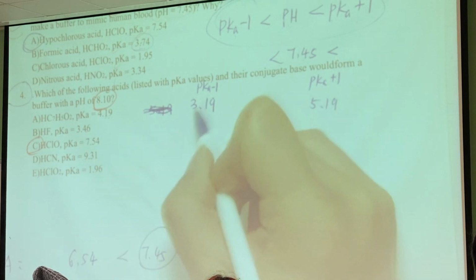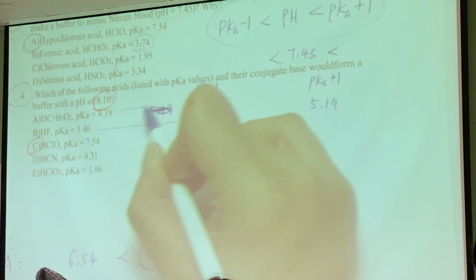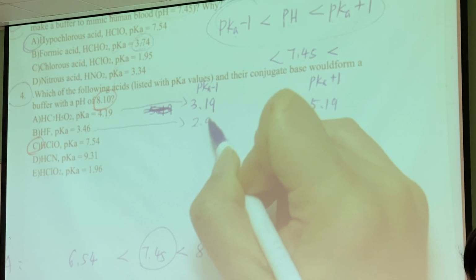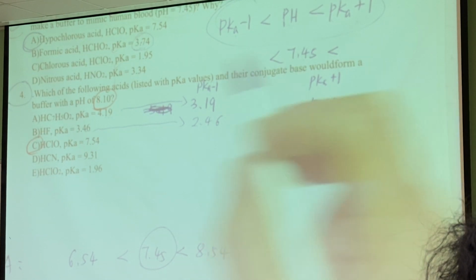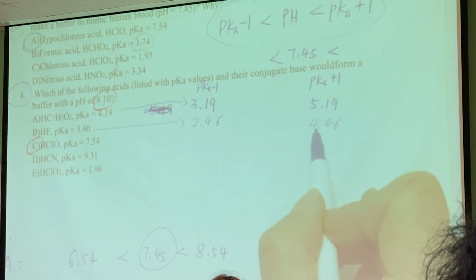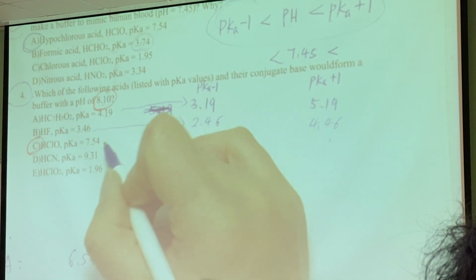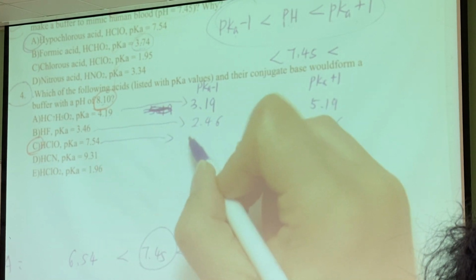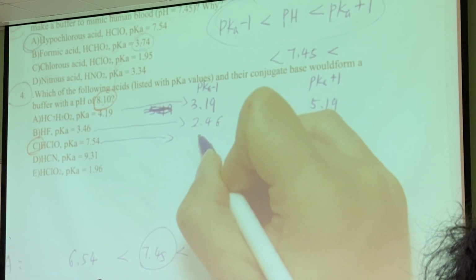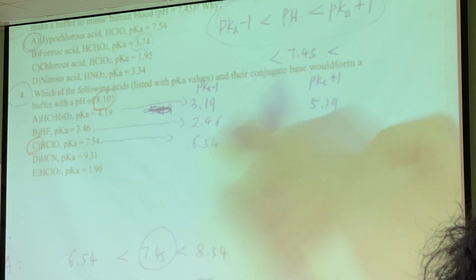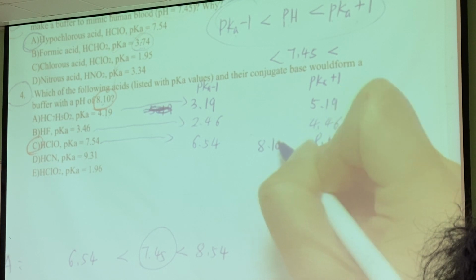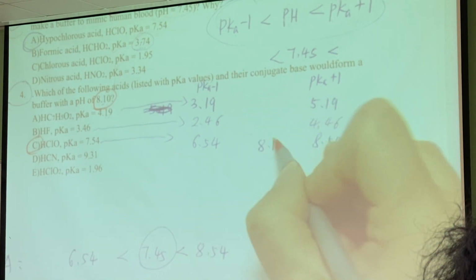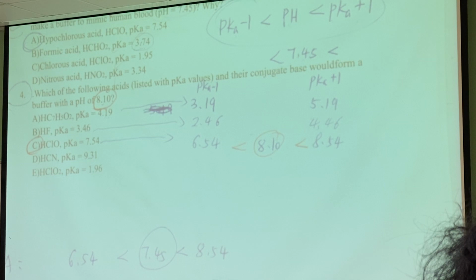B: pKa minus 1 is 2.46, and pKa plus 1 is 4.46. I need 8.1, so still larger than this. Let's say C is 7.04, so minus 1 is 6.04, plus 1 is 8.04. So my pH 8.1 is larger and smaller than this. Beautiful. So it meets my requirement.